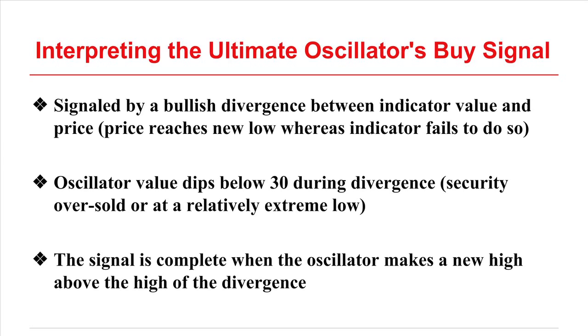This is basically to guarantee that the security is oversold or at a relatively extreme low as far as the buy signal. And the final step, making the signal complete, is when the oscillator reaches a new high above the highest high of the period of the divergence.